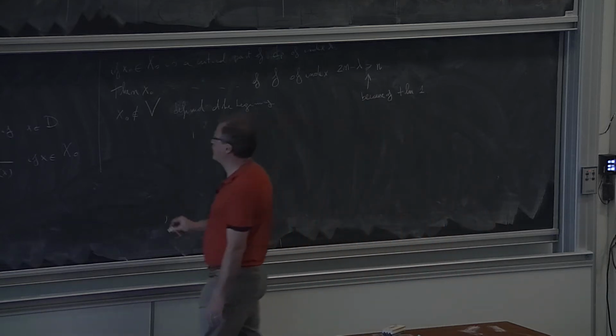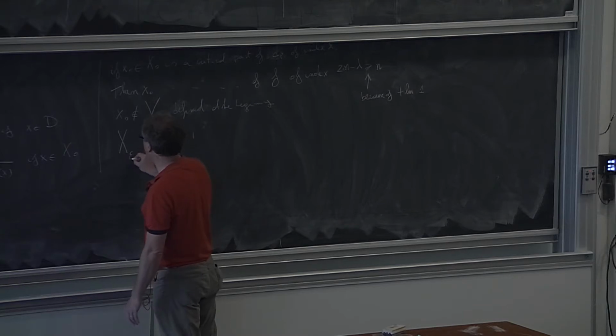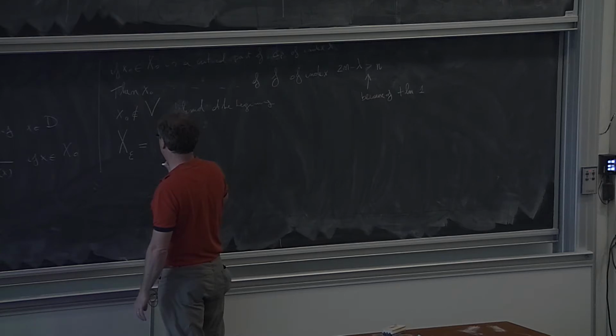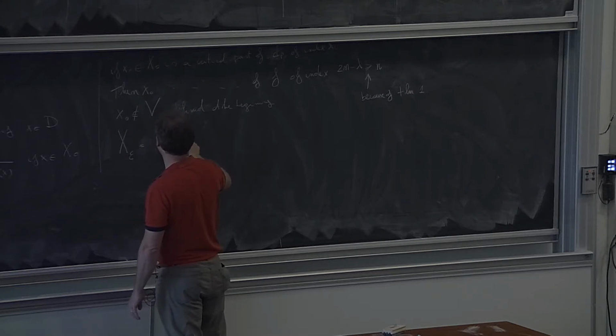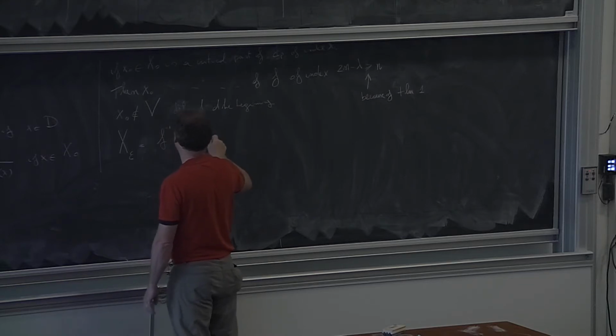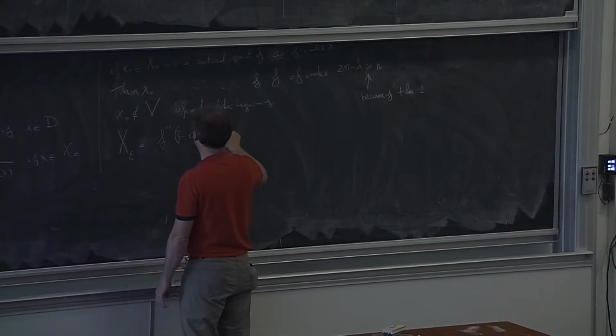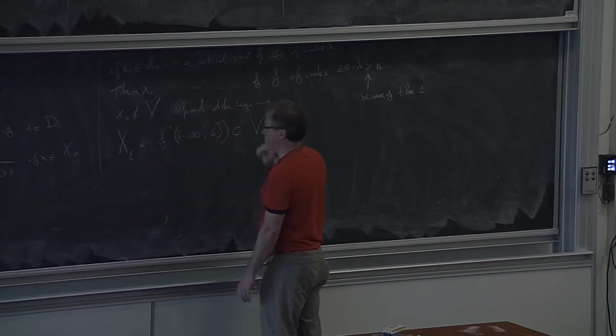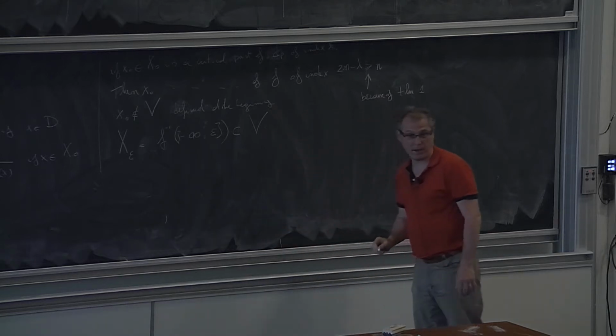So now you take X epsilon to be f minus 1 of minus infinity to epsilon, so small that it is contained in V. Okay?